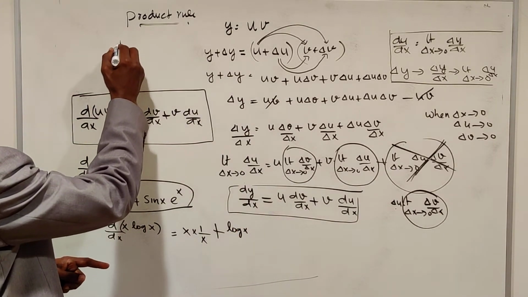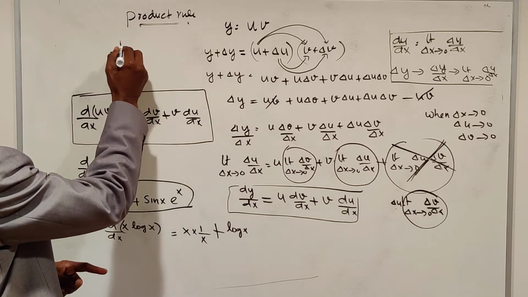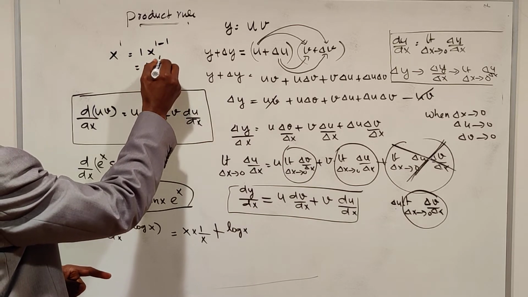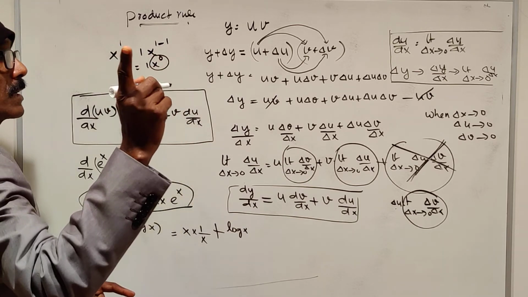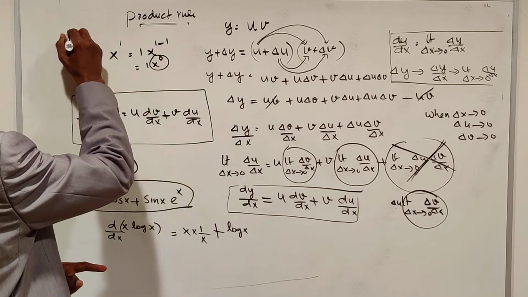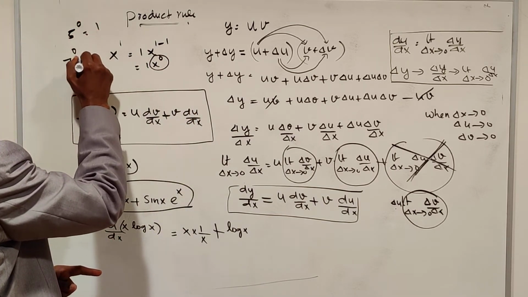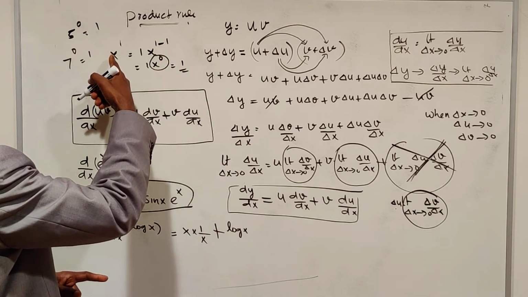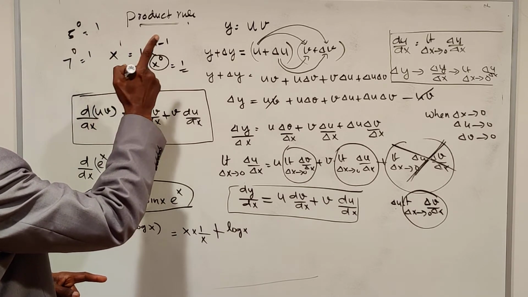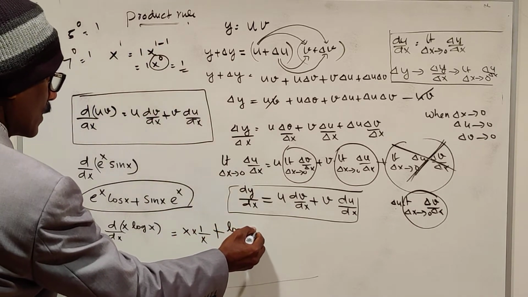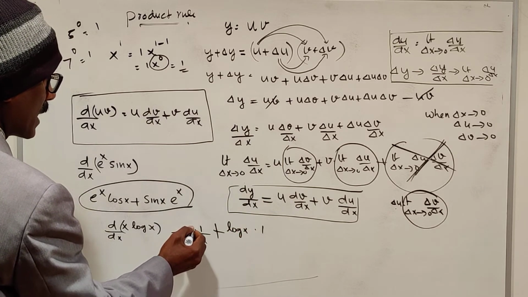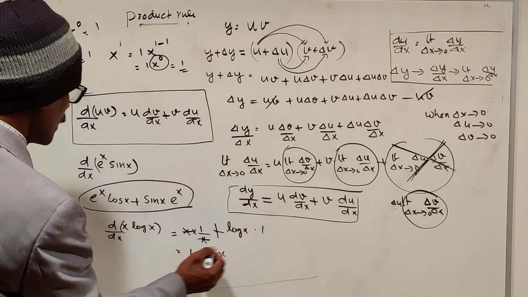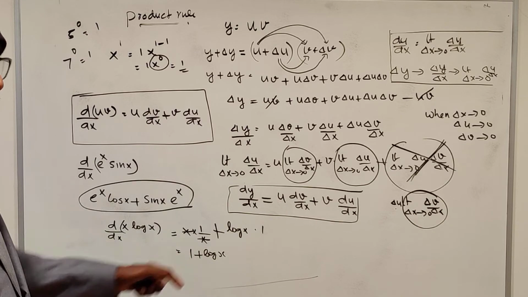The derivative of x, that is x to the power 1, is 1 times x raised to 1 minus 1, that is 1 times x raised to 0. x raised to 0 is 1. So the derivative of x is 1, and here we have log x times 1. x times 1 by x, the x cancels, gives 1. So the derivative of x log x is 1 plus log x.